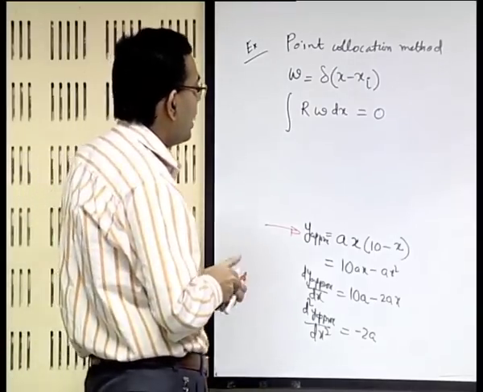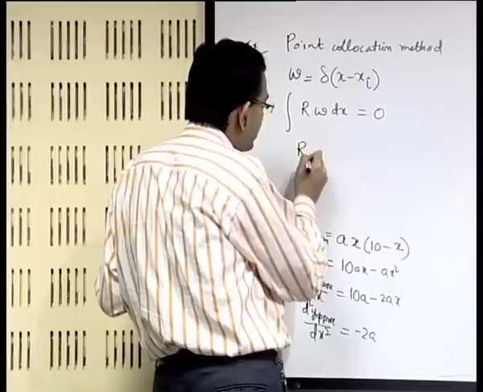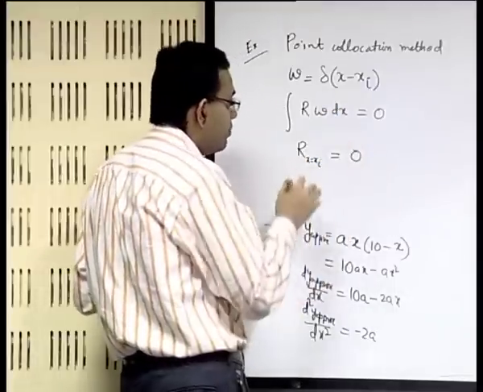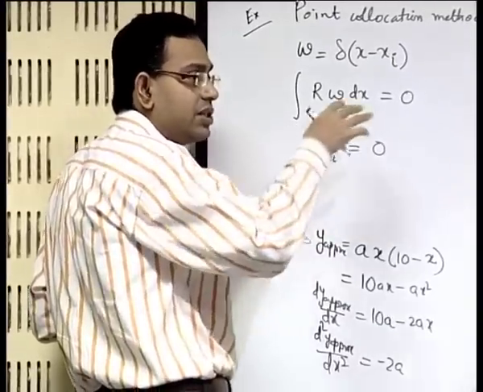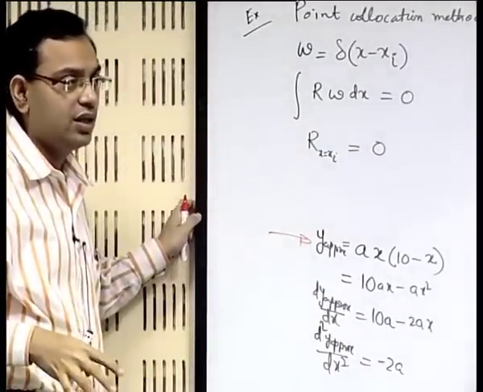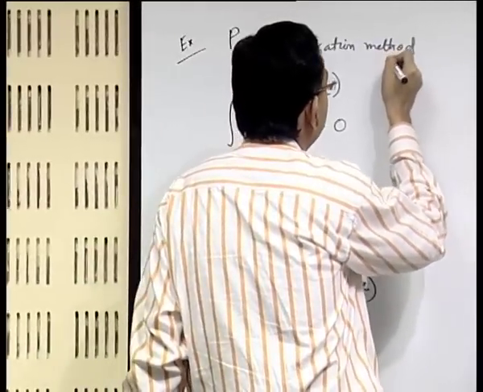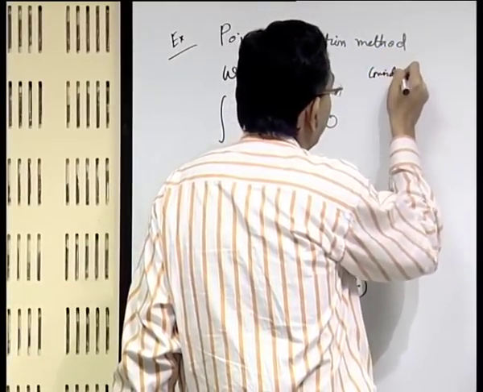So, when you have this one, basically it becomes r at x equal to xi is equal to 0. If there are many such points, collocation points, then it will be a summation of that. But here we consider only one collocation point. So, in the point collocation method, in this example we consider only one collocation point.